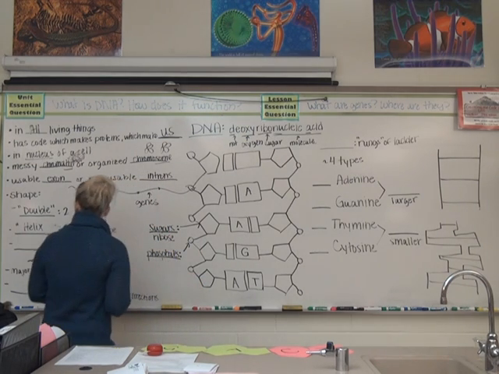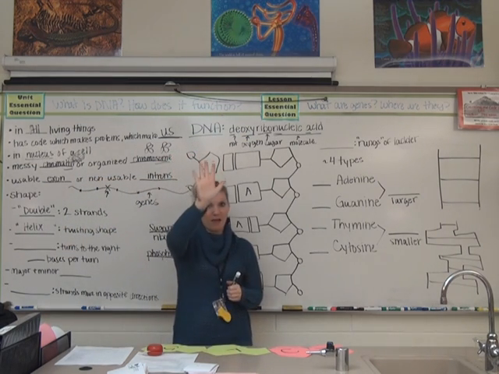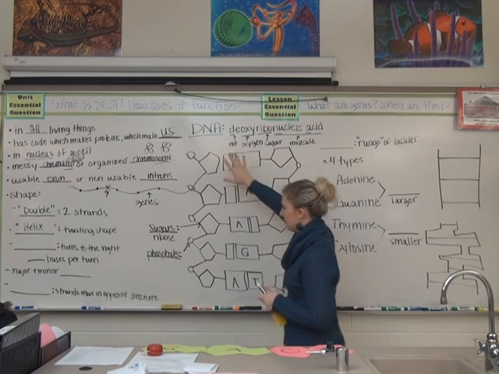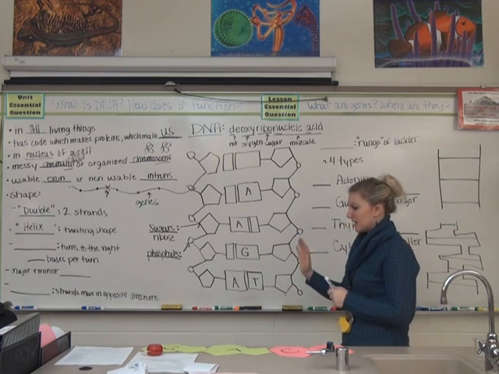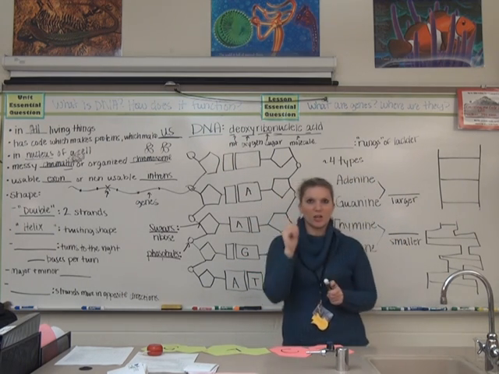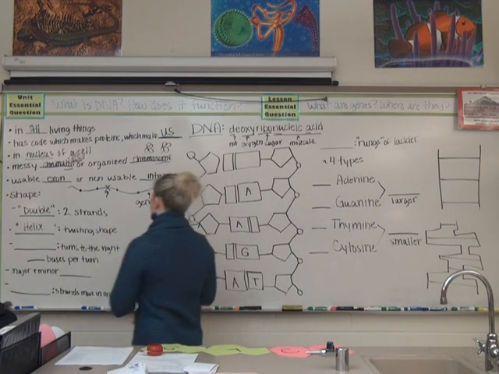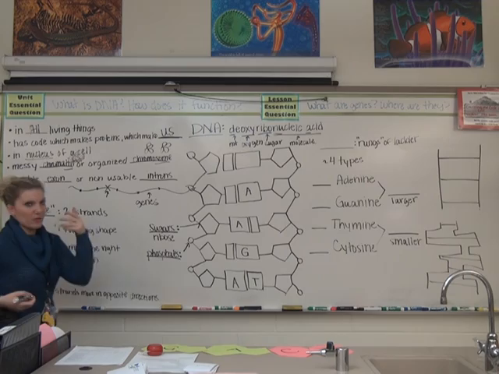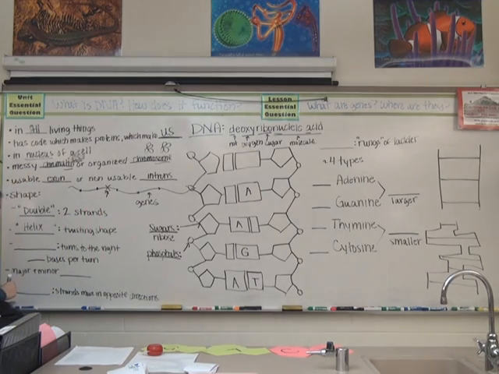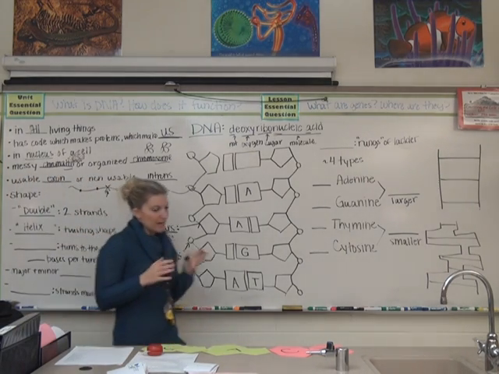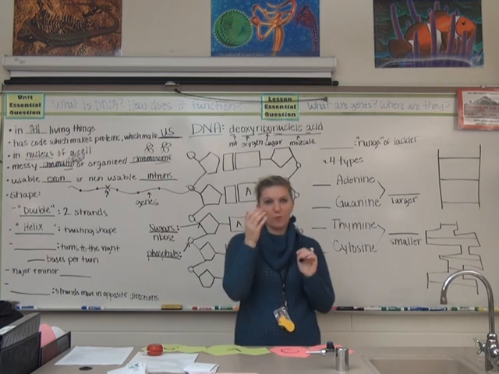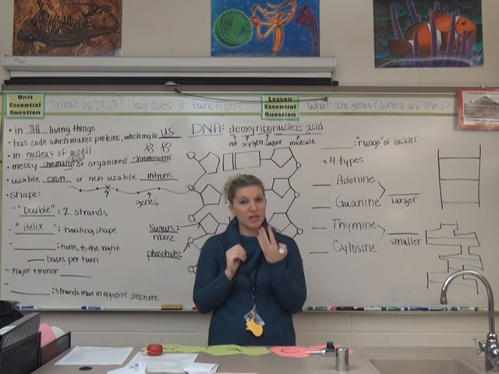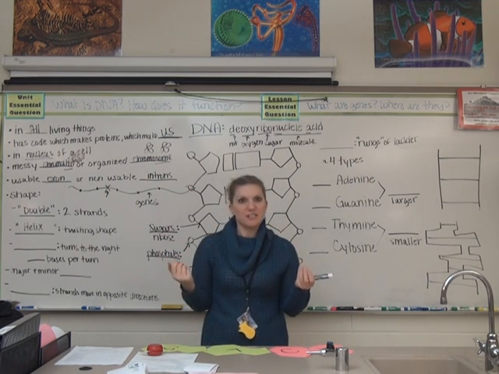Now that strand isn't just a flat strand like it's shown right here, nice and flat on the board. It's actually making a twisting shape. And that twisting shape we call a helix. That helix is how it turns and spins. Now DNA doesn't turn both ways, like sometimes it's represented on posters or even textbooks.